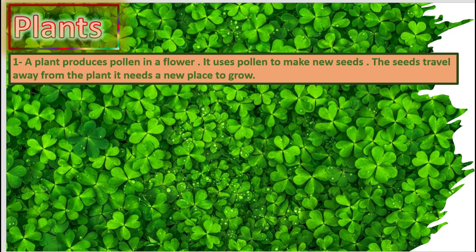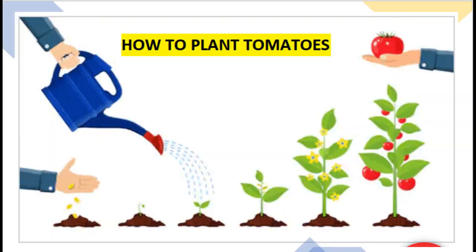First we need a seed, and after that we water it, and this seed turns into a shoot, and this shoot becomes leaves, and these leaves make flowers, and these flowers make fruits.